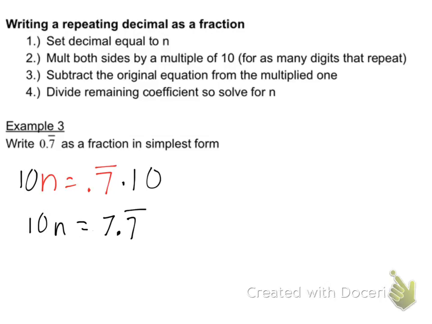Now, in step 3, it says subtract the original, the red one, from the one in the bottom. So what I'll do is I'm going to write it underneath. Notice I put the decimal places in the same kind of column. And then all I have to do is subtract them. What's 10n minus n?